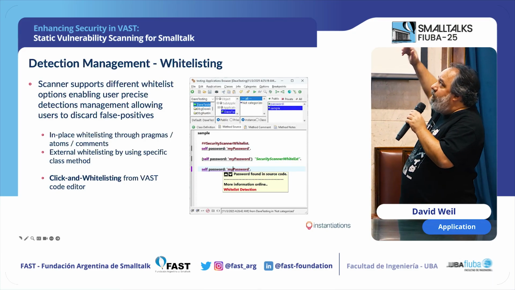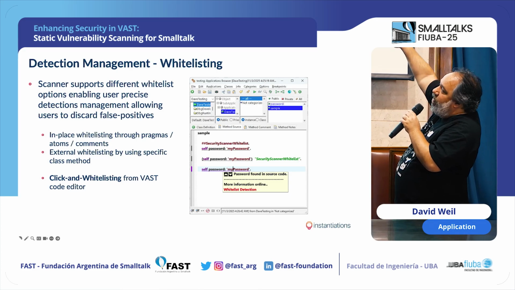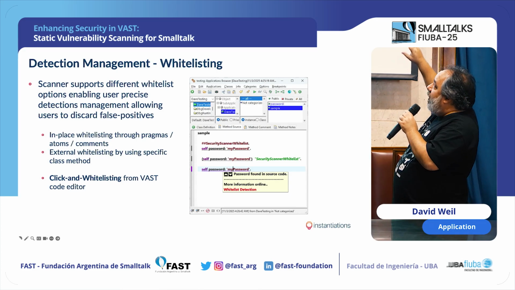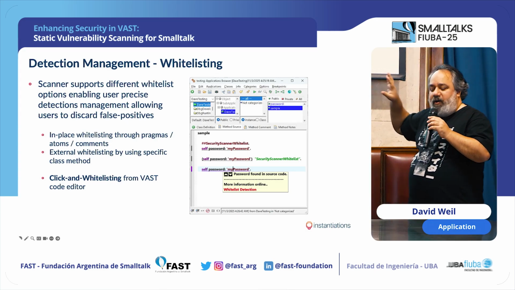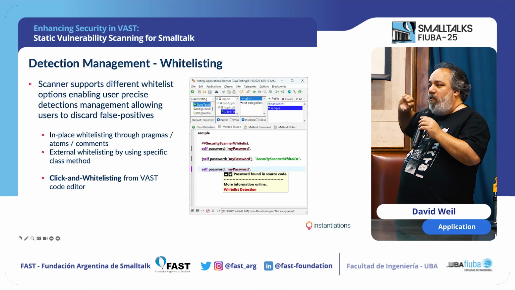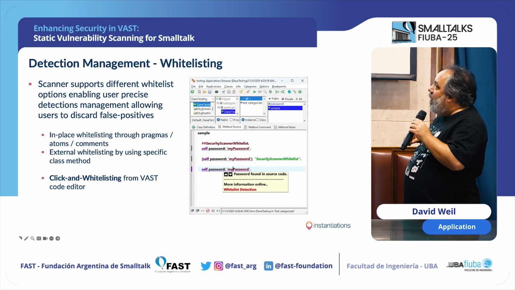And we made different methods: with an annotation in the code, with a code comment. We can also introduce a pragma, and we also have a whitelist outside the code, in a separate method in the class, where you can list your whitelisted functions.